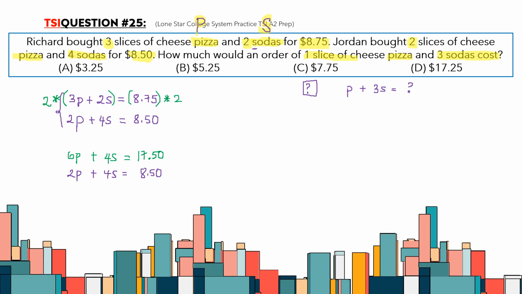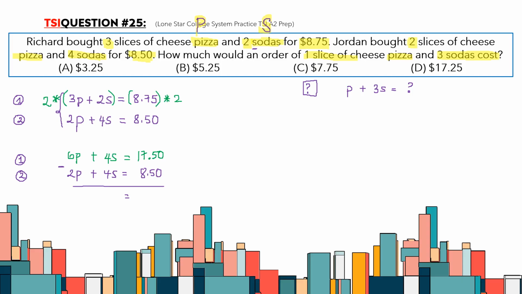Now we subtract. This is our first equation and the second one. We subtract the second one from the first one. What did we get? Top to top, left to left, right to right.